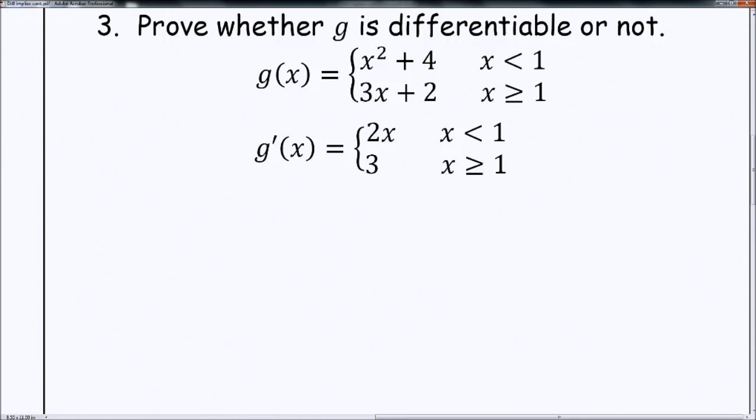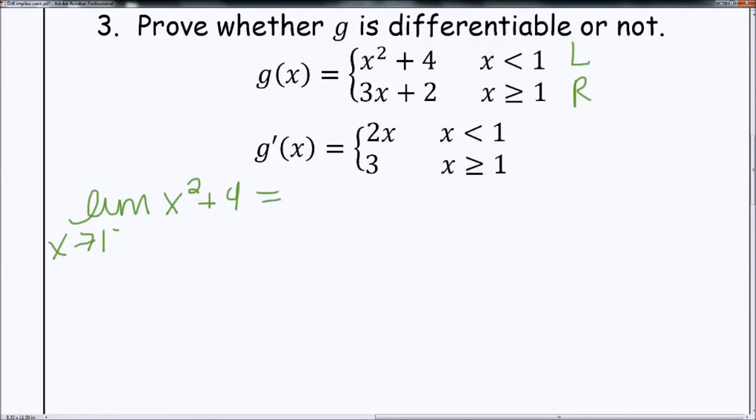So, let's go ahead and make sure it's continuous. If it's continuous, that means my left and my right are going to be equal to each other. So if I plug in 1 into the left-hand side and right-hand side, my limit should be the same. So we have the limit as x is approaching 1 from the left, again, this is the left-hand side, this is the right-hand side, of x squared plus 4.